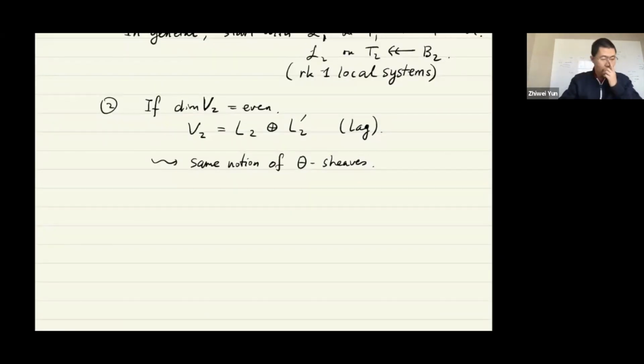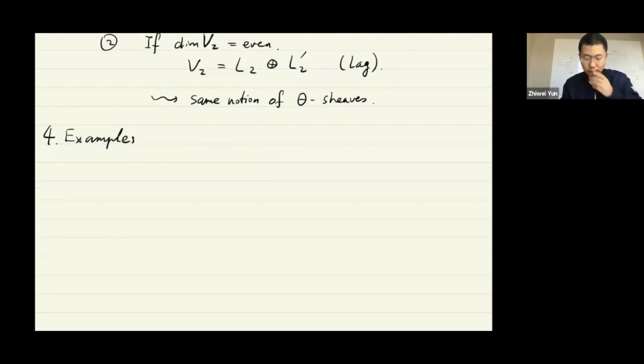So let me maybe give some examples. So let's look at the example where V1 is arbitrary, the V2 is two-dimensional.